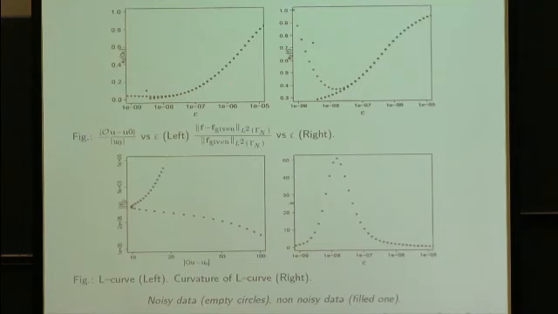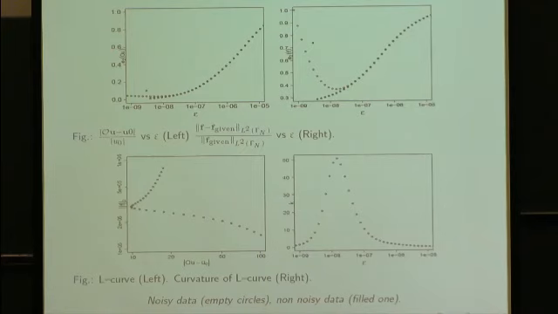In particular, these plots refer to the error on the measure between measured and calculated displacement, and the error between given and calculated reconstructed force as a function of the regularization parameter epsilon. On the bottom we have the L-curve and its curvature.